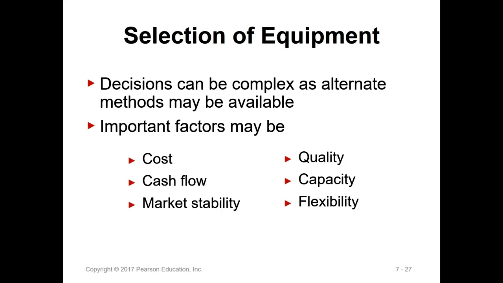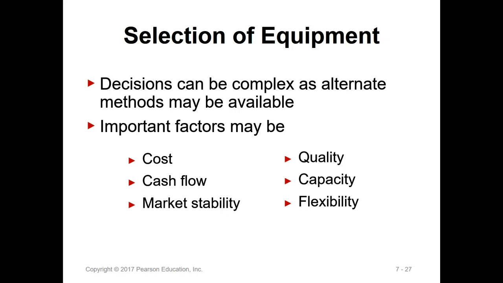Both of the two machines can help you produce the product, but which one would you like to use? You say, hey, both work. Yes, it is true, but we need to consider some other factors to decide whether you are going to select an expensive machine or a less expensive one.